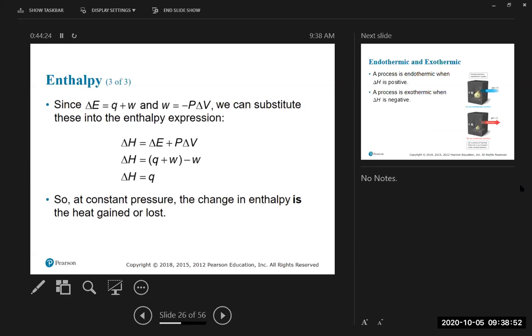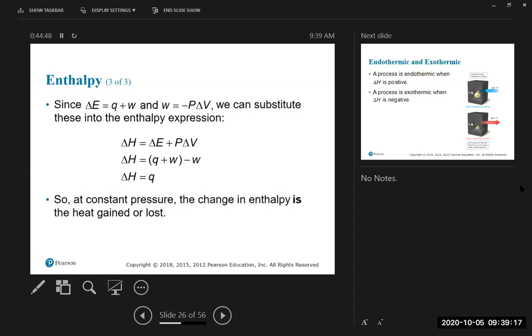Now, knowing some of these other relationships, we can further rewrite this. We know delta E is equal to heat plus work, and we know work is equal to minus P times delta V. Those are a couple of relationships we talked about a little earlier today.